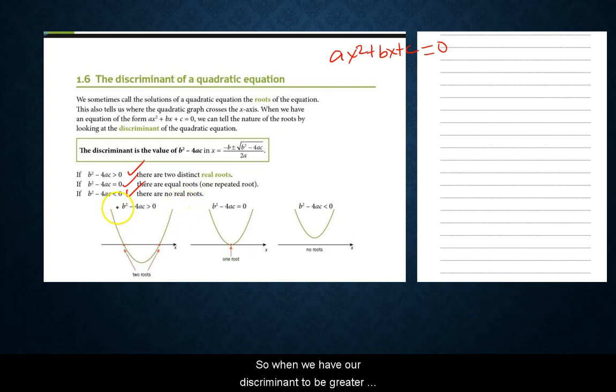When the discriminant is greater than 0, we are going to have two roots where the graph crosses the x-axis.